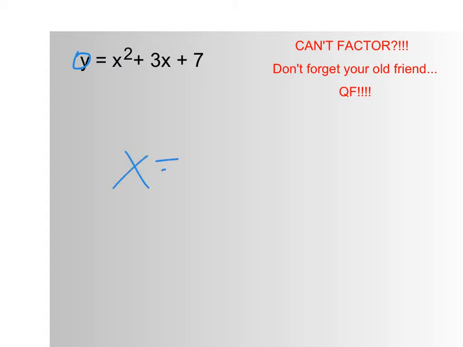x equals -b, except in this case negative what? 3. Plus or minus square root. Everybody finish this thing off. Act like it's the ACT, and they just asked you to solve or find the solutions.